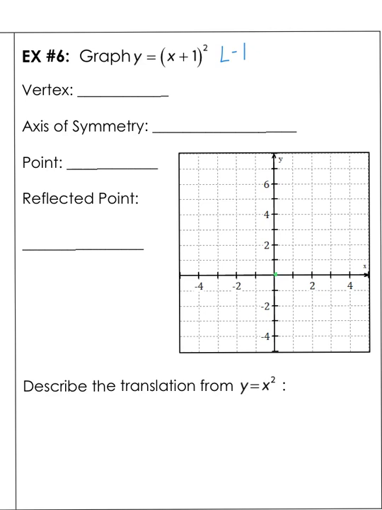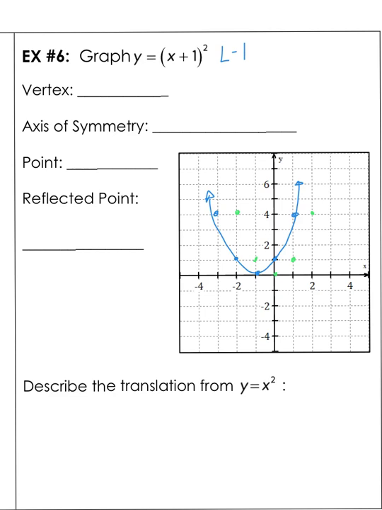The parent function points are (0, 0), (1, 1), (2, 4), (-1, 1), (-2, 4). All I'm going to do is move each of those left 1. The shape of my graph has not changed, it just moved to the left 1. And that's as simple as it is.